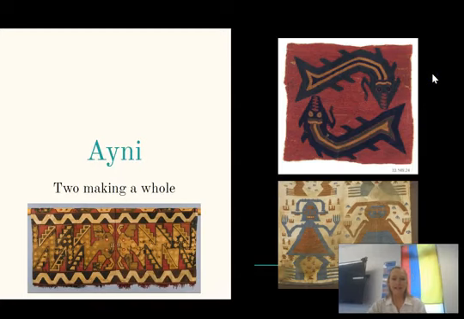Ayni is this concept of two parts making a whole. Ayni is considered like the whole is better than the parts. So we see this duality in Andean cosmology, thought, and of course in their art, where we'll oftentimes see the coupling of different objects, different persons, different concepts, and together they create a whole that is greater than the two of them.